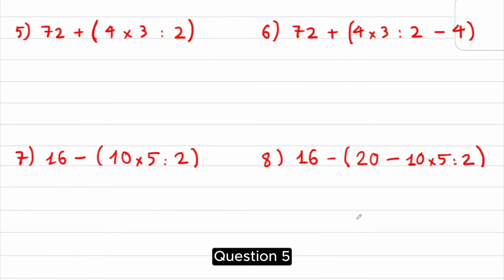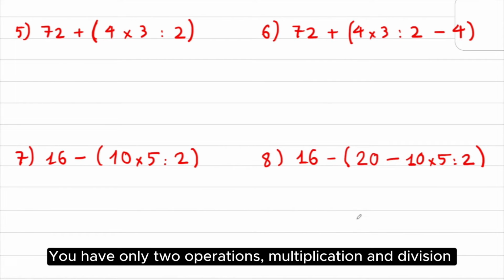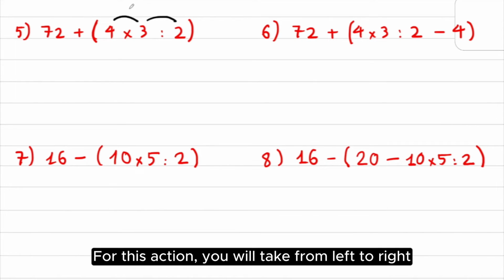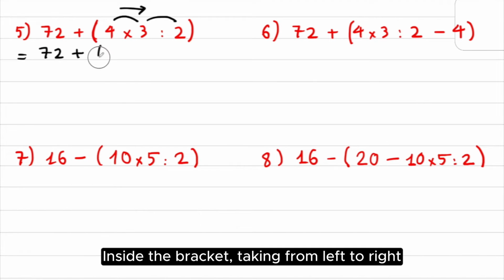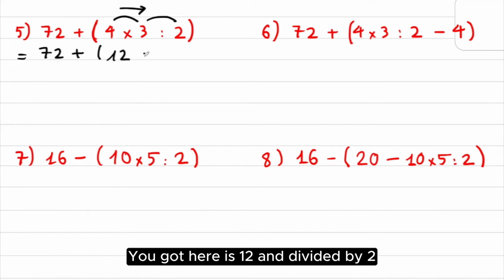Question 5. You have only two operations, multiplication and division. For this, you take from left to right, and the part outside the bracket stays unchanged. 72 plus, inside the bracket, taking from left to right, you get 12 divided by 2.